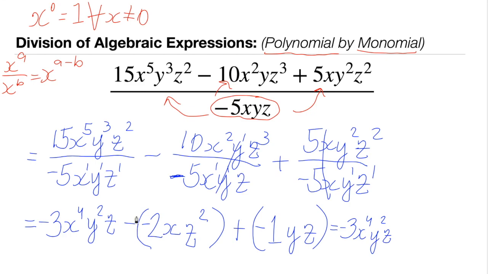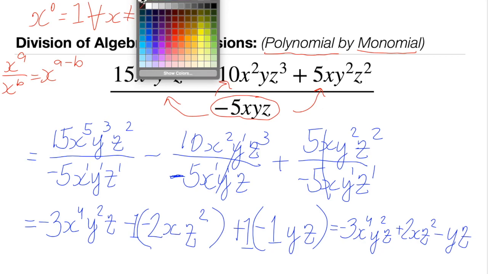We have minus minus, so imagine that there's a negative 1 here, multiplied by negative 2, that's going to become positive since they have the same signs, and then 2 times 1 is 2, so this becomes positive 2x z squared. And then we have a plus 1 here, imagine there's a plus 1, so plus 1 times minus 1 is going to become negative. So the answer is 1, but we don't need to write the 1 because it's understood that all variables have a numerical coefficient of 1. So we can just write yz here. And that will be our final answer by dividing polynomial by monomial.